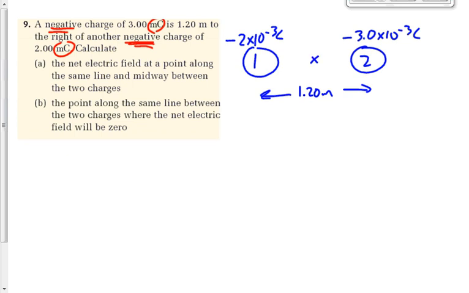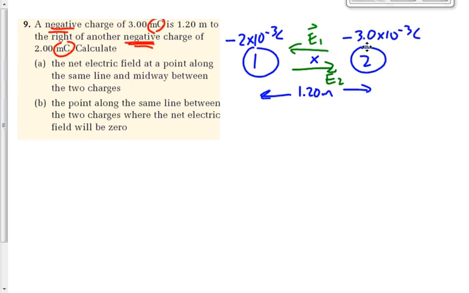Was it question A and B that somebody asked for, or just question B? Both of them? Okay. So we want to find the field strength right there at point X. The field caused by number 1 is going to be to the left because it's toward a negative producer. The field caused by number 2 will be to the right because it's toward a negative producer.